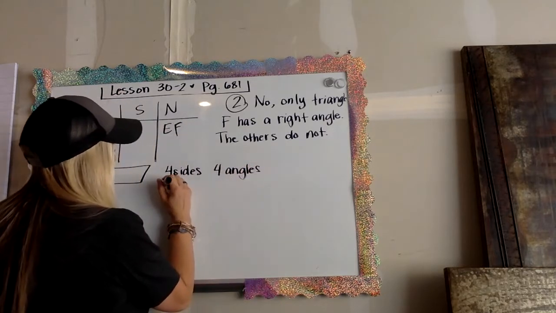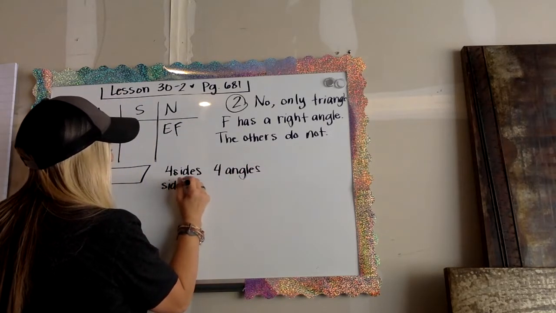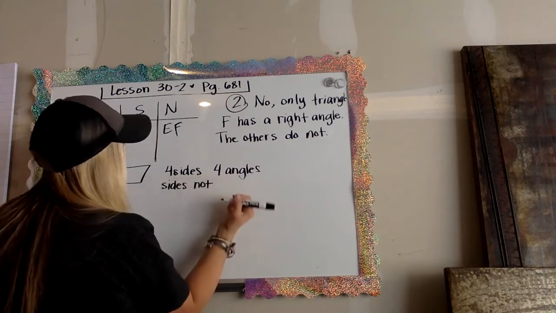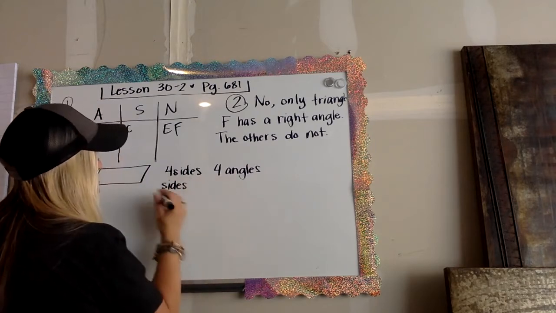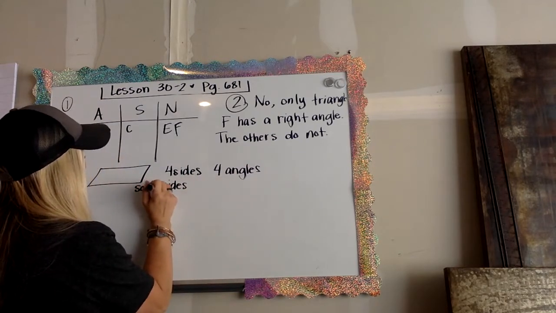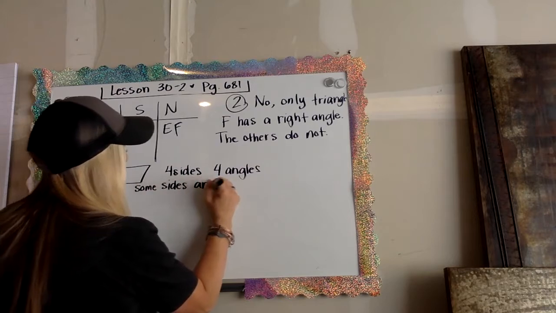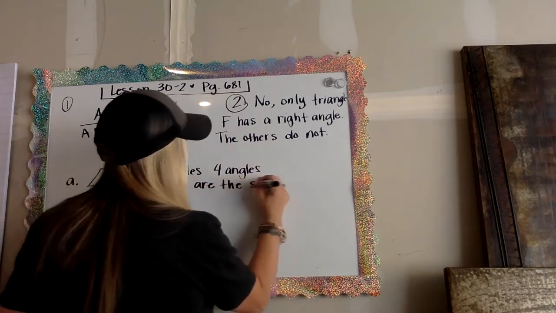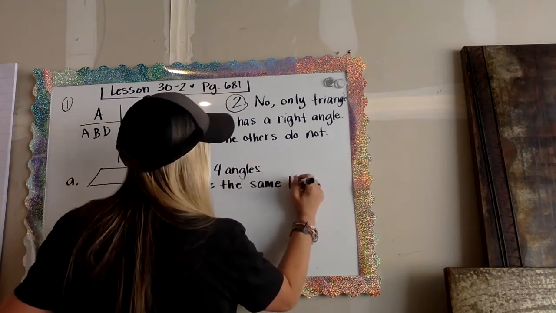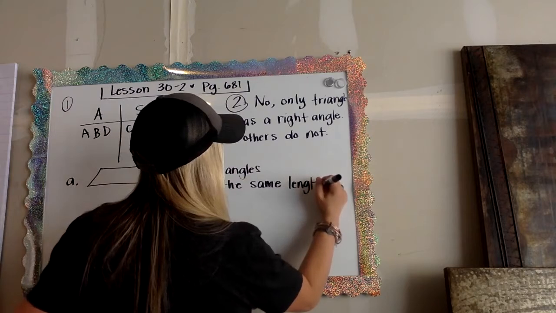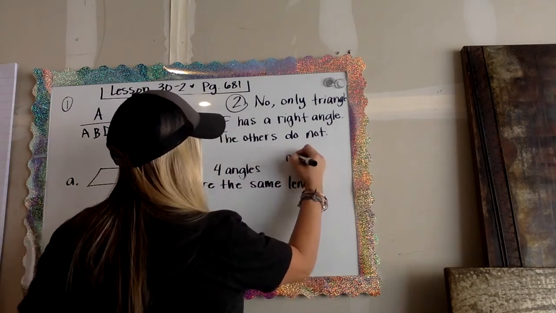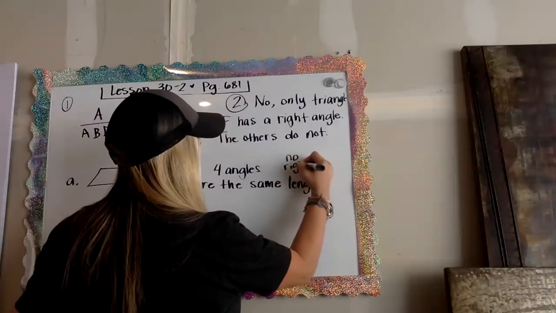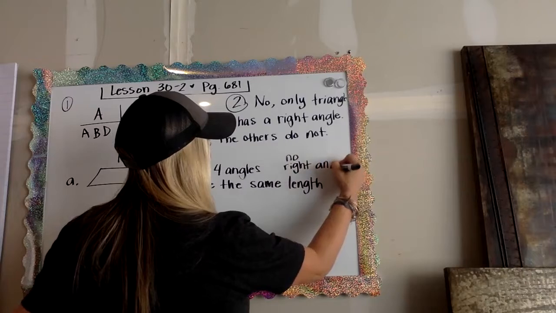It also has some sides that are the same length. You could also say it has no right angles.